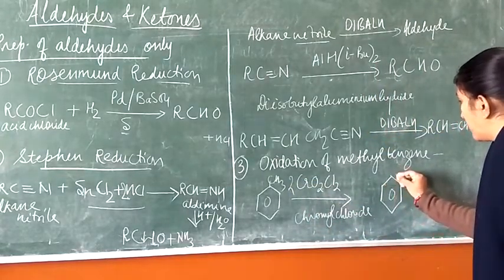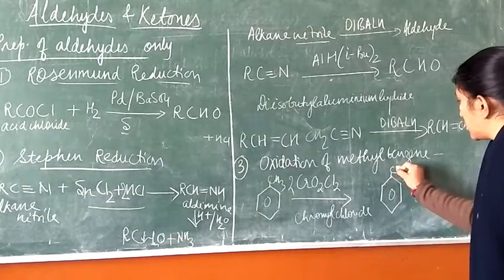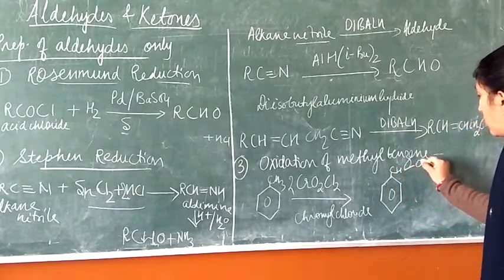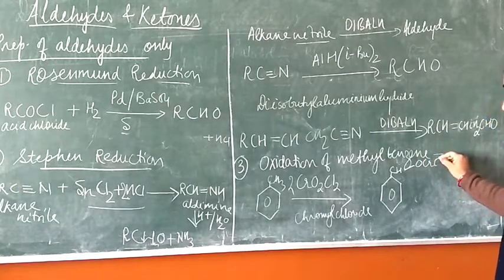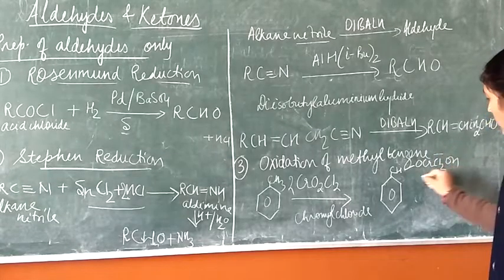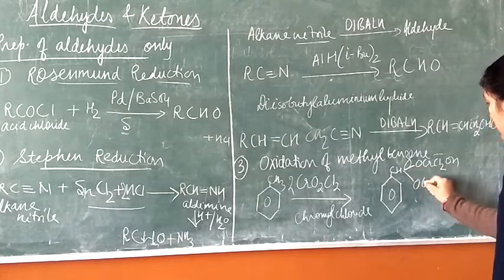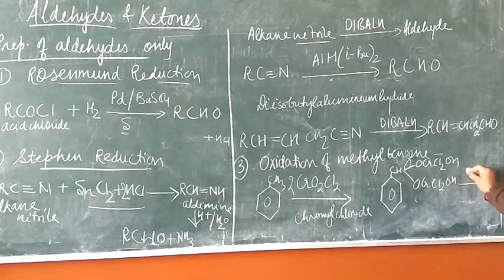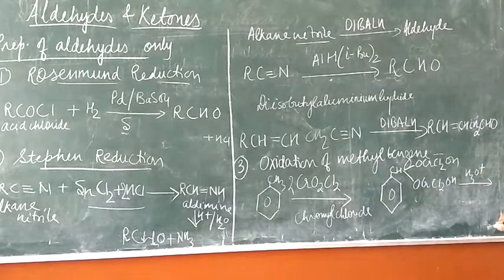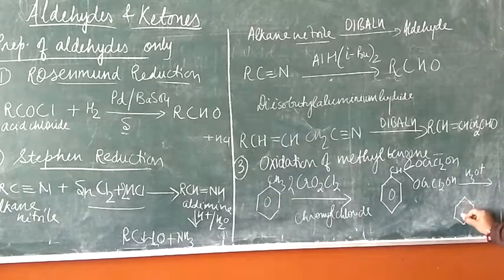So we will get a complex form, C6H5CH(OCrCl2OH)2, which on acid hydrolysis will give us benzaldehyde.